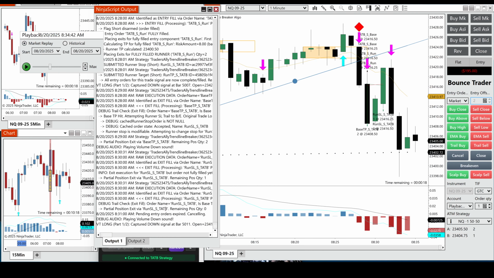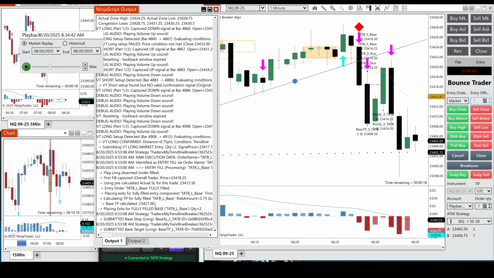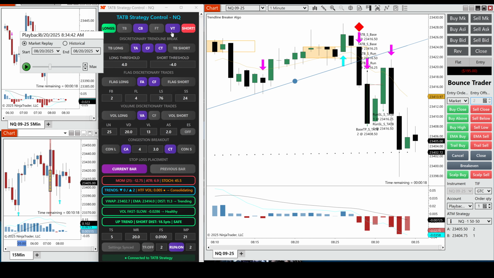Seems like a congestion trade, but unfortunately it doesn't give logs for congestion or VT trade, but I'll update that soon. So this was, see, it could be trend line break, it could be VT volume trade, or it could be congestion. So it was a powerful signal too.